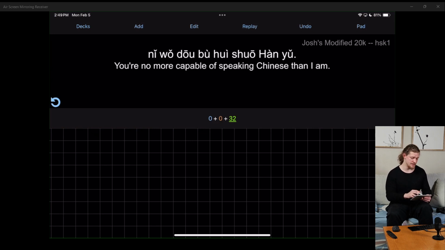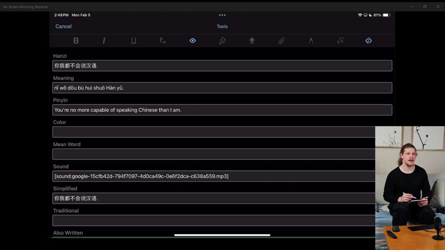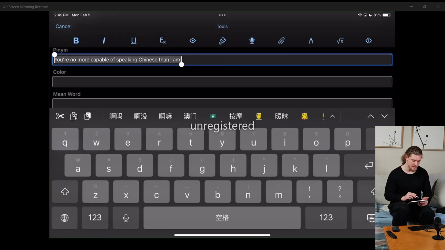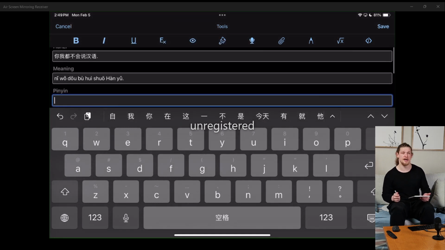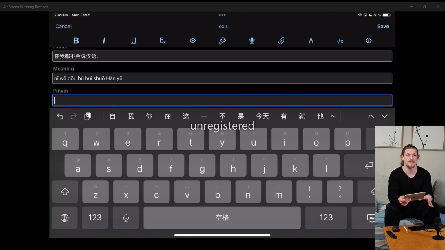So I'm actually going to go in there, and where interpretation is unnecessary, I would prefer to remove it from the flashcard. So I'm going to get rid of that sentence and put in my own text instead. And this is why this is Josh's modified 20K deck that I'm working with here.